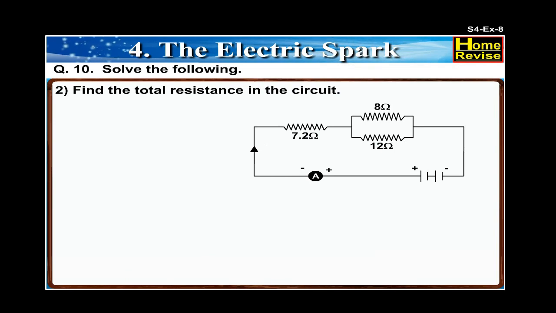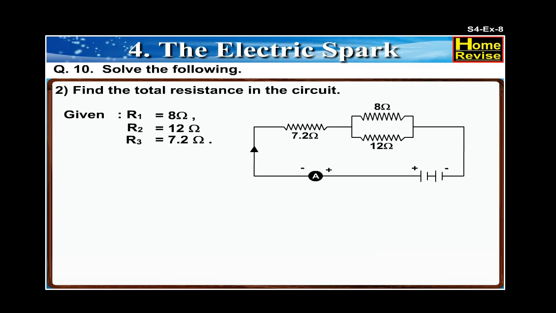Second, find the total resistance in the circuit. It is given R1 is equal to 8 ohms, R2 is equal to 12 ohms, R3 is equal to 7.2 ohms. What is Rp and Rs? Solution.